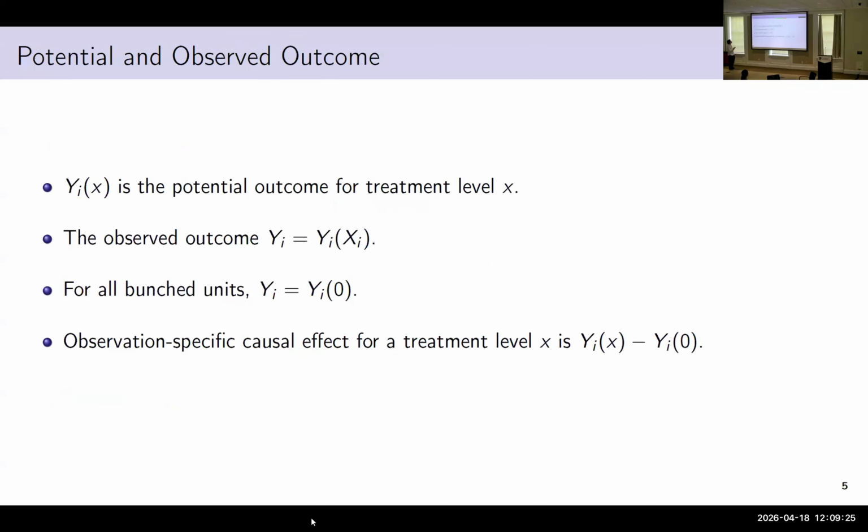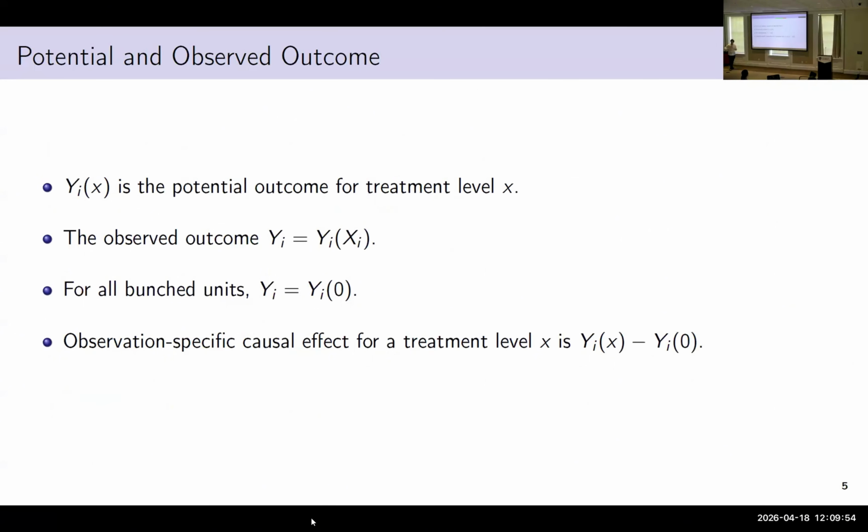Okay, so for potential and observed outcomes, we're going to have a very general potential outcome function. When evaluated at little x, that's the potential outcome for treatment level little x. Note that the variable that determines the observed outcome is the actual treatment X, not X star. And therefore, for all bunched units, the outcome we observe is the untreated outcome.